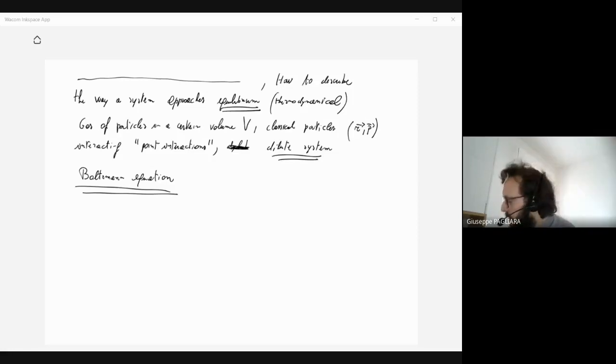So the Boltzmann equation is a tool to describe the approach to equilibrium and to try to provide an explanation for the law of increase of entropy, for the second law of thermodynamics.